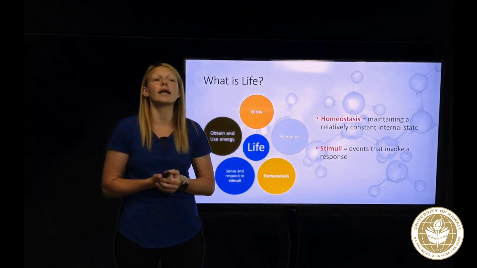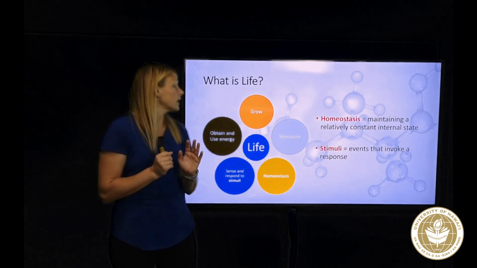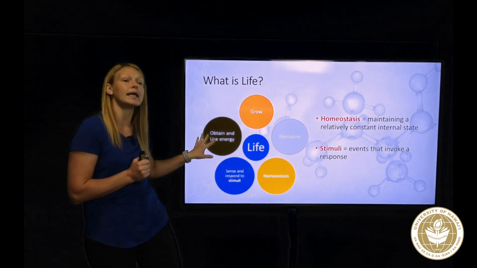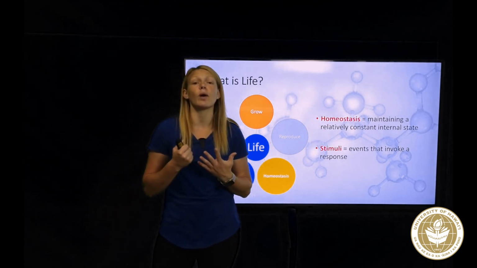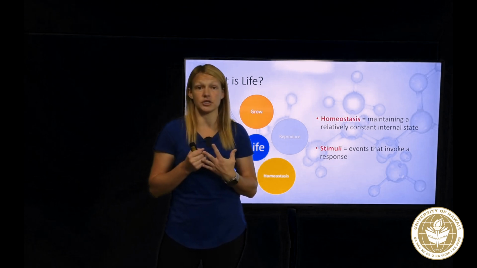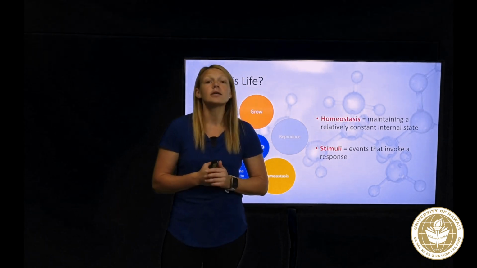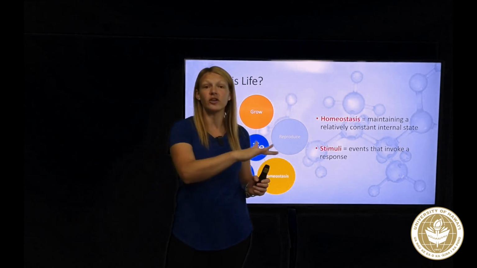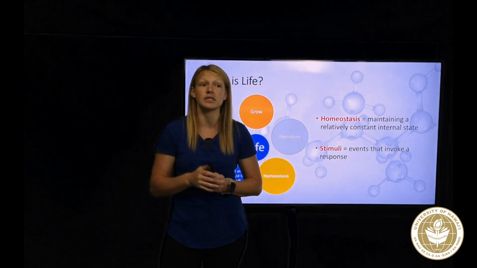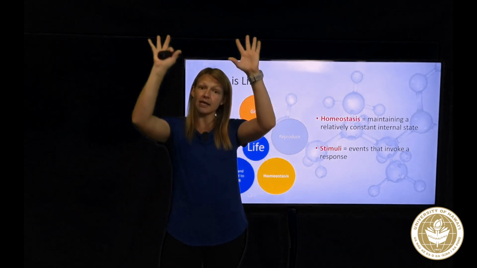The fifth and final thing that we talk about in regards to what living organisms must do is they have to be able to obtain and use energy. All living organisms are going to require an input of energy, so they must take in energy in order to function. If we're talking about producers, that bottom trophic level that we talked about in our last unit of material, those producers are going to be getting their energy from the sun.